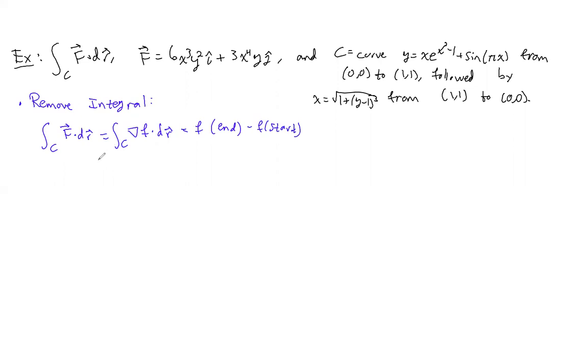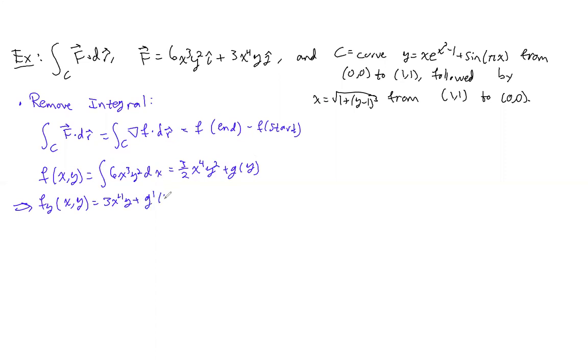Let's see if we can do this. And if we can do that, well, f(x, y) would have to be the antiderivative of 6x cubed y squared dx, which comes out to 3 halves x to the fourth y squared plus some function g of y, which tells us that f_y would be the derivative of this thing, which would be 3x to the fourth y plus g prime of y, which we're told in this case is just 3x to the fourth y.